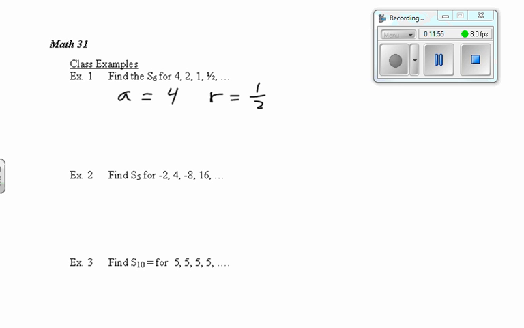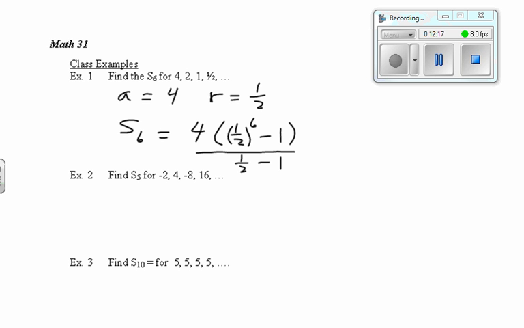Go figure on that one. So S6 would simply be first term, 1/2 to the 6th power minus 1, all over 1/2 minus 1.